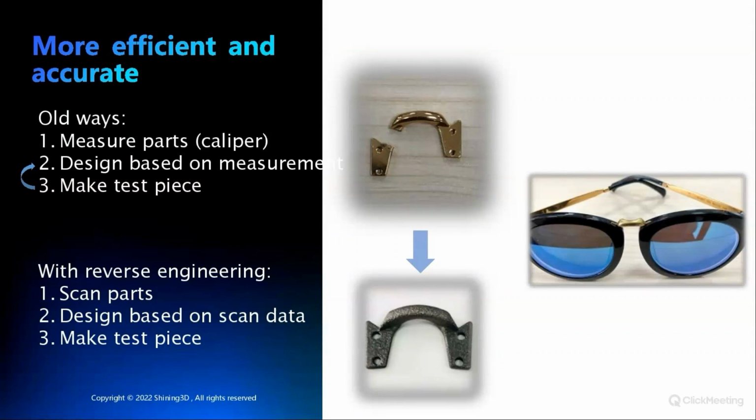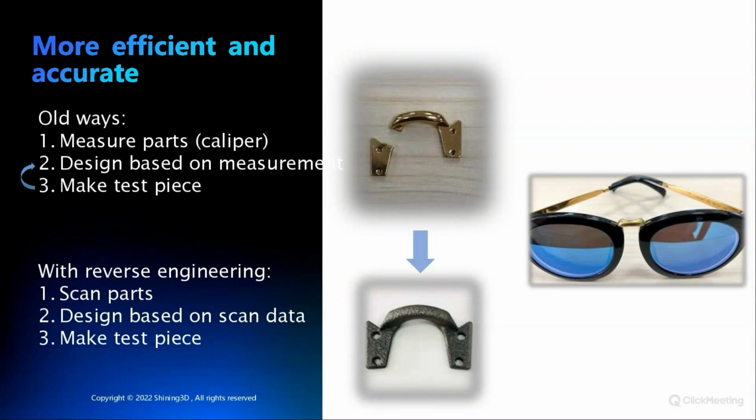This is because the scanning process gives you more data, all right? You all know that scan data is like a bunch of point cloud, right? So the scanner is actually sampling thousands or millions of points on the surface of the object.